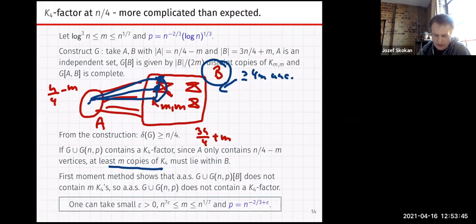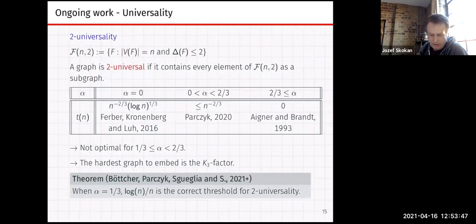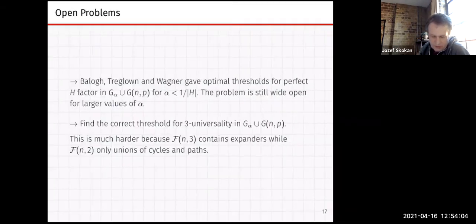Anyway, all right. Of course I promised I would tell you something about universality, but given that I have 2 minutes to go, I probably need much more than that. Let me just go to at least one open problem.